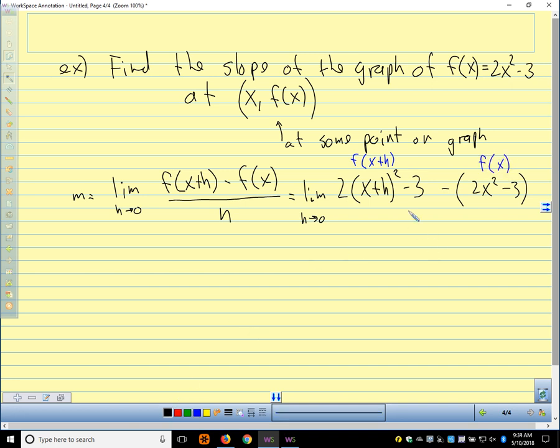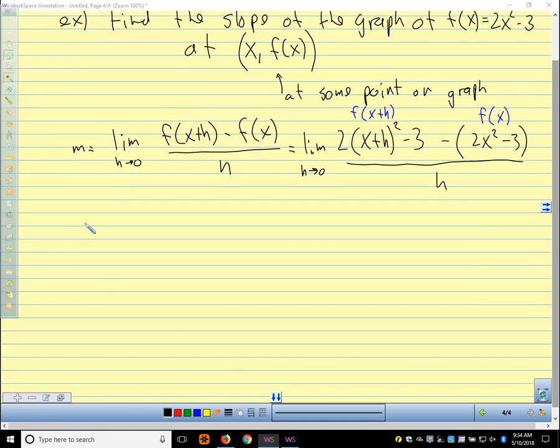And all of that is over h. If we plug in h equals 0 here, we get 2x squared minus 3 minus 2x squared minus 3. So 0 in the numerator and 0 in the denominator. 0 over 0. More work. And we say, well, thank goodness, because it would probably be really boring if we were done here. We want it to be exciting.